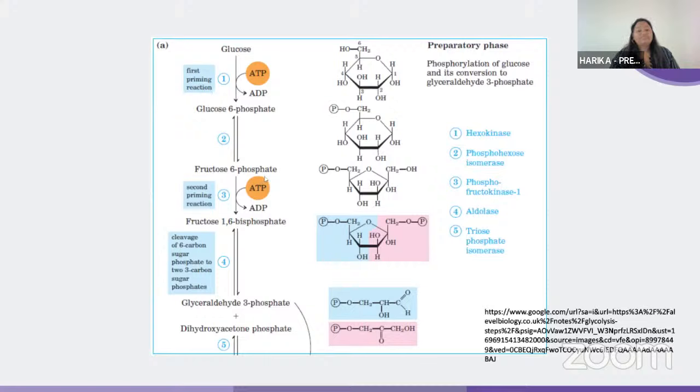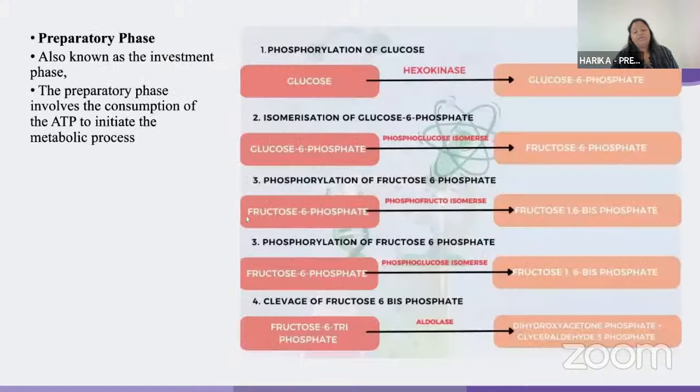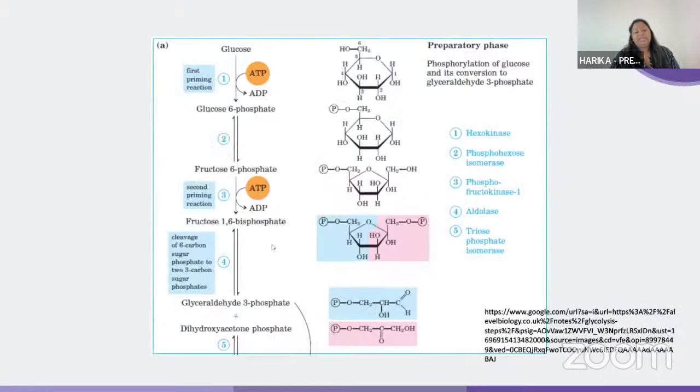And the fructose 6-phosphate in presence of phosphofructokinase 1 converts to fructose 1,6-biphosphate. This is the second priming reaction. Why are we calling it a priming reaction? As I told you, here ATP is getting converted into ADP.